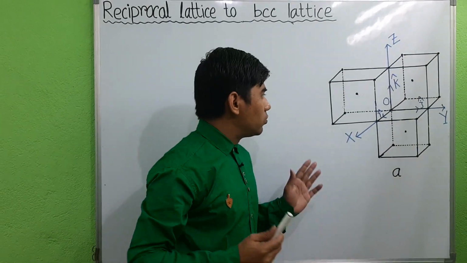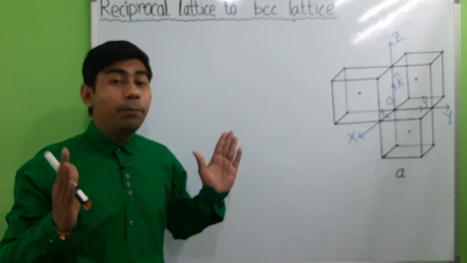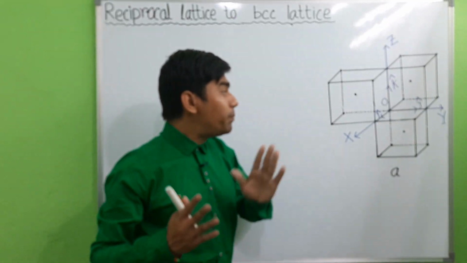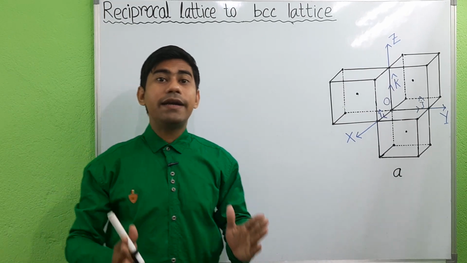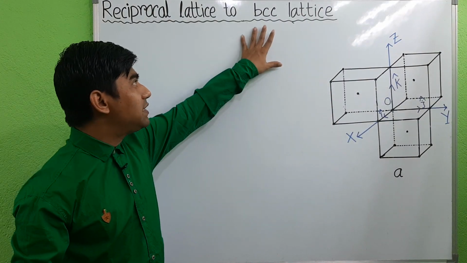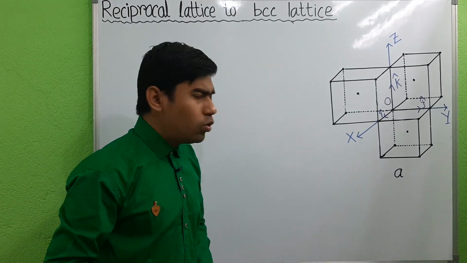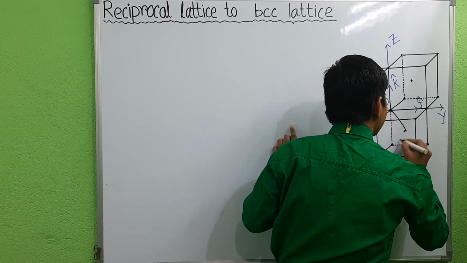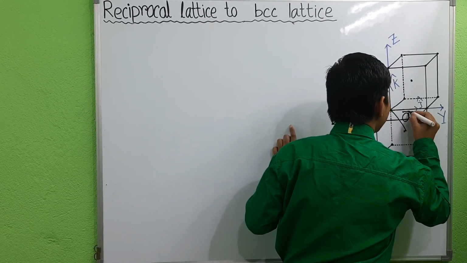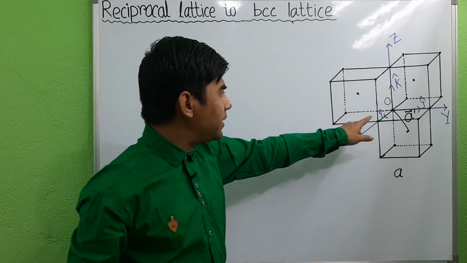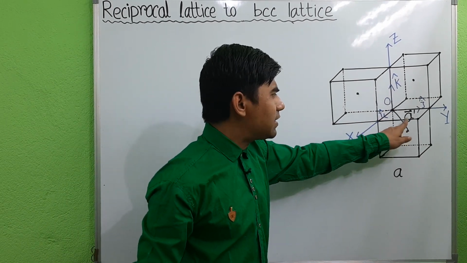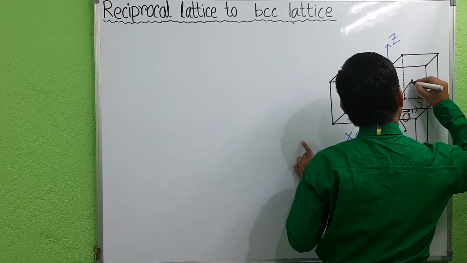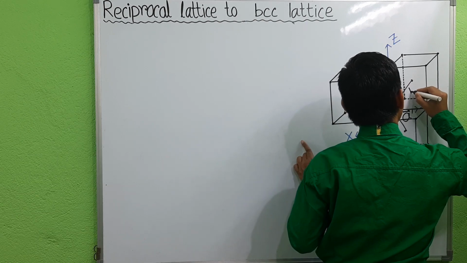Now we first calculate the primitive translation vectors of the BCC lattice. We join this origin to this lattice point, and suppose this is a dash. We join this origin to this lattice point and suppose this is b dash.